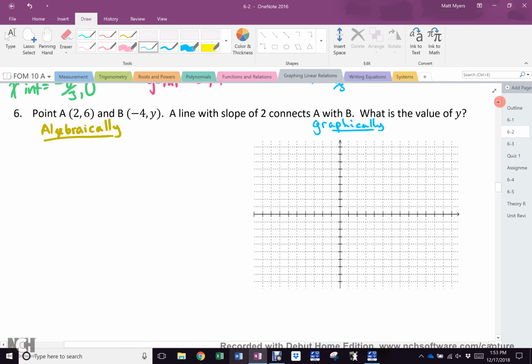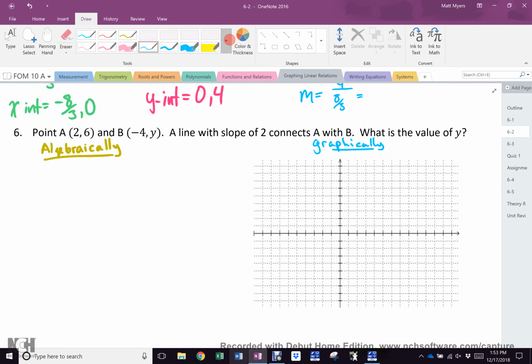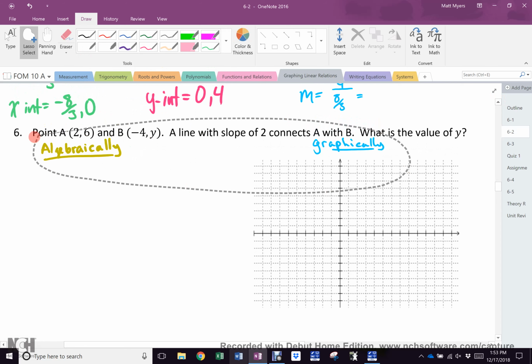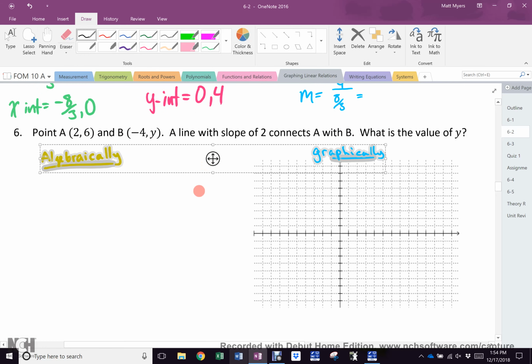So, what do you see in this question? What is that? It's an x value. What is that? A y value. What is that? An x value. What is that? A y value. What is that?